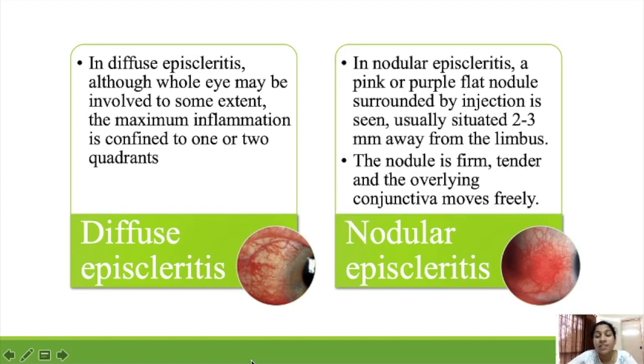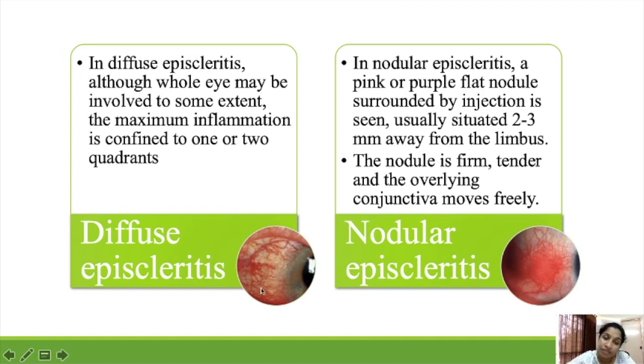In nodular episcleritis, a pink or purple flat nodule surrounded by injection is seen, usually situated 2 to 3 mm away from the limbus. The nodule is firm and tender, and the overlying conjunctiva moves freely. So this is nodular episcleritis.